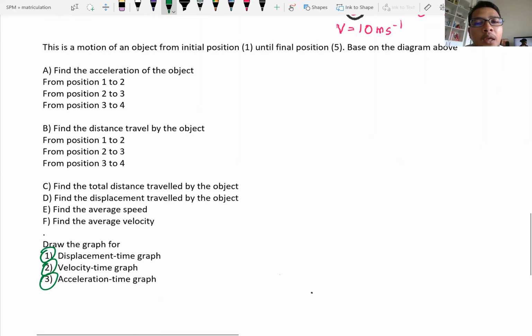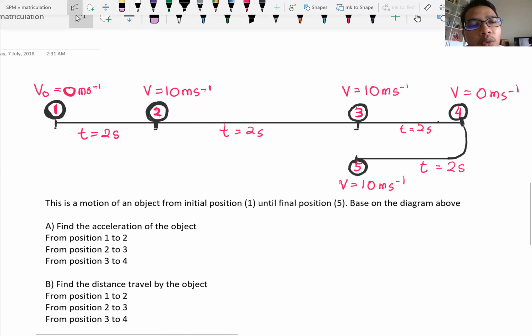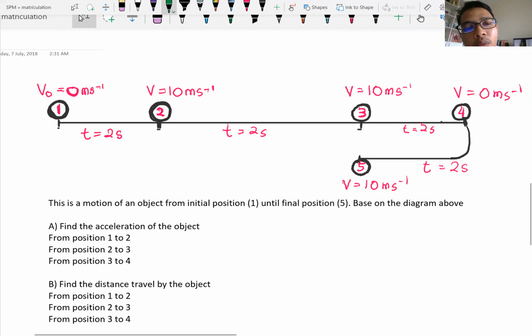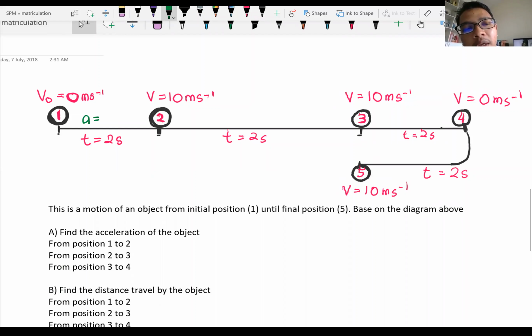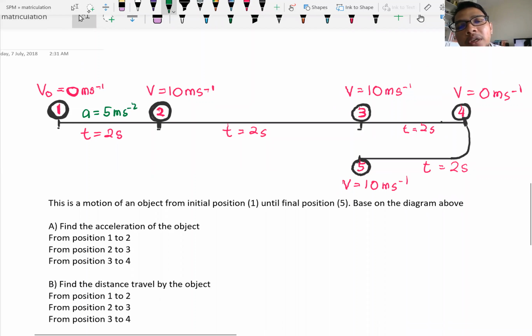And from the previous video also, you know the acceleration is 5 ms^-2. Here you get 0. This is negative 5. And the last part is 5.